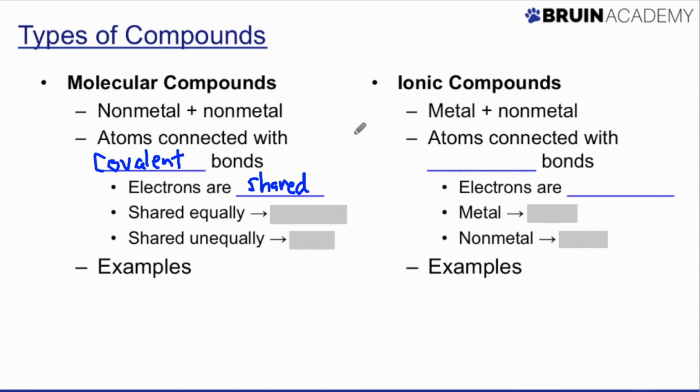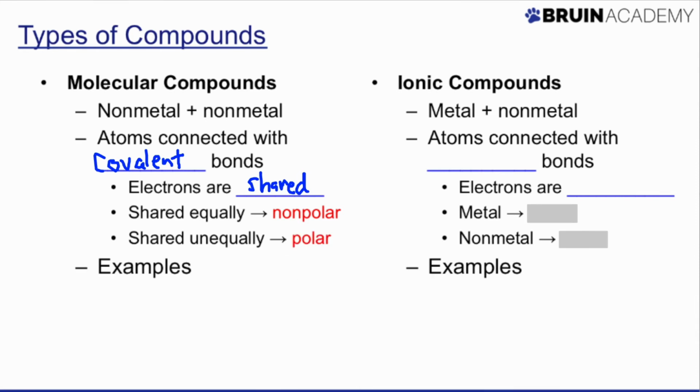And so whenever there's any sharing, the electrons can either be shared equally or unequally, okay? So if they're shared equally, this only happens when the 2 elements are exactly identical, okay? So like O bonded to another O, or C bonded to another C. This is called a non-polar covalent bond because it's equal sharing. If it's shared unequally, meaning there's 2 different elements bonded to each other, for instance, a C bonded to an O or an N bonded to a C, you have a polar bond, okay, a polar covalent bond.